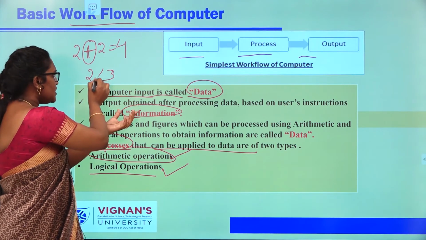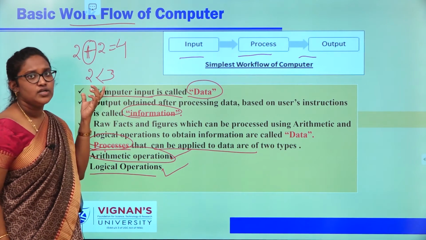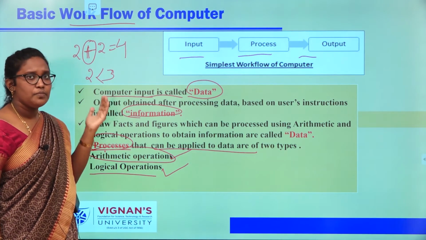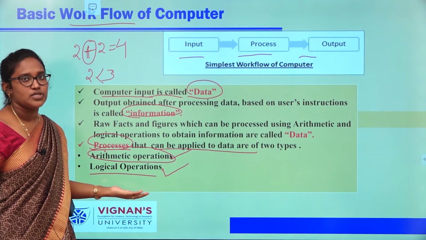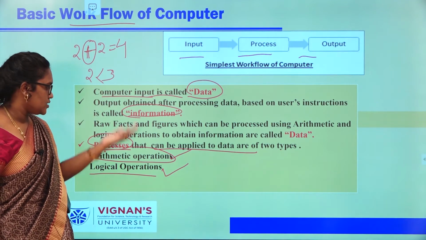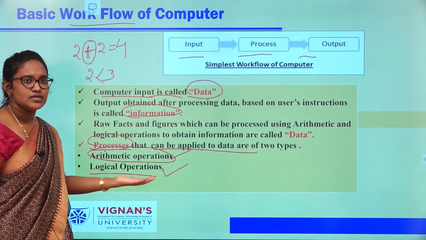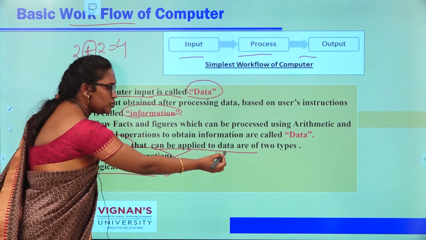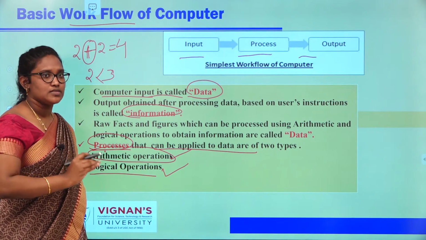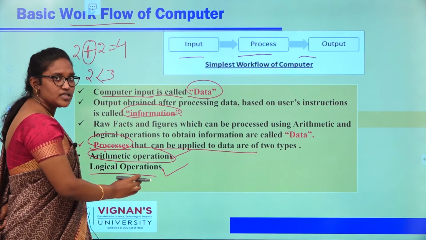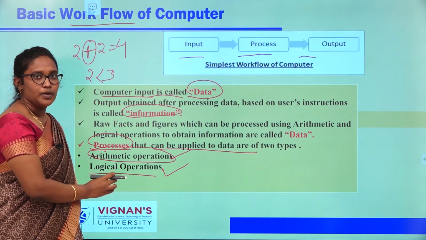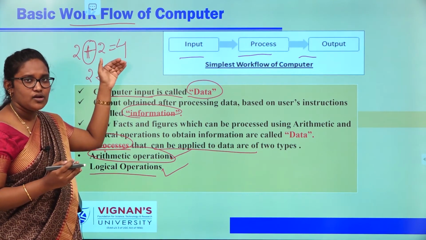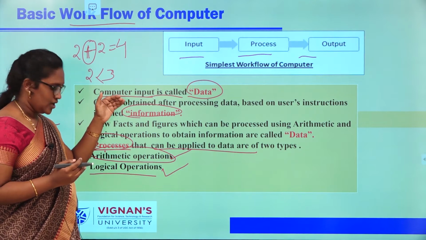Obviously 3 is greater than 2. When I say 3 is greater than 2, I am performing a comparison operation between two numbers, and that itself defines logical operation. Process can be applied to data in two types: arithmetic operation and logical operation. Hope you got the difference between arithmetic operation and logical operation.